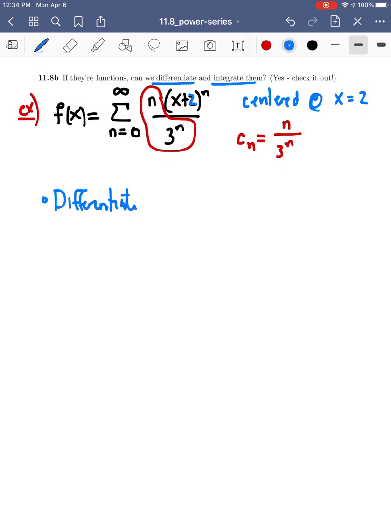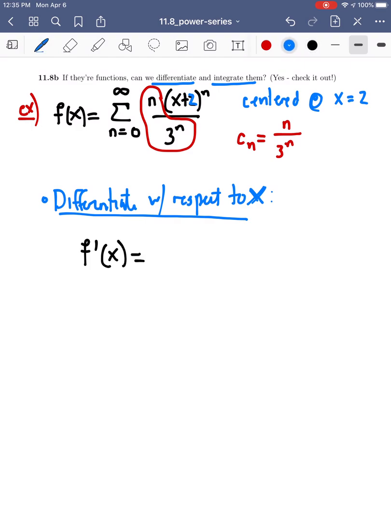And again, we're going to differentiate and integrate, for that matter, with respect to x. So if we want to differentiate this power series, what that means is we would have this derivative operator, d dx, wanting to take a derivative of our entire power series function.